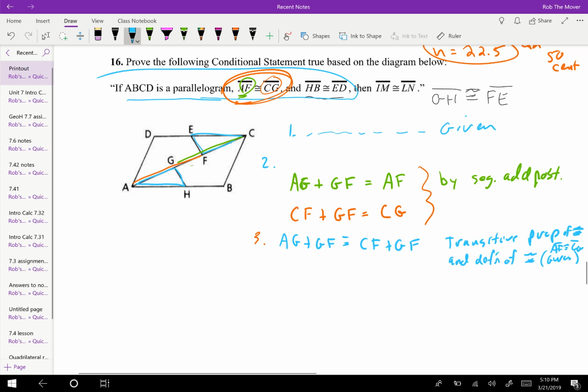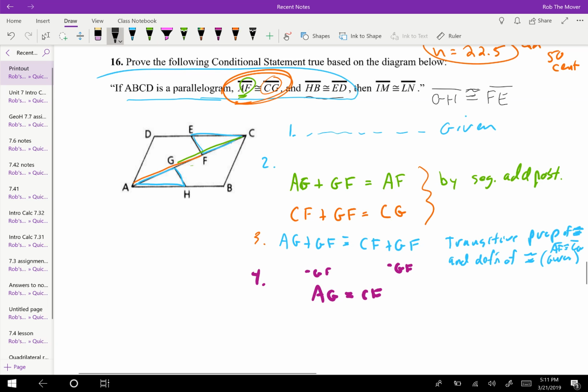Now, again, the reason why I'd like to do that is to be able to subtract out GF. Now we can subtract out GF using subtraction property of equality. Subtract GF on both sides, and you get AG equal to CF.